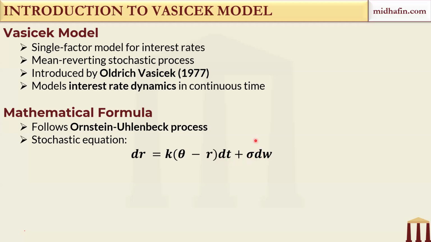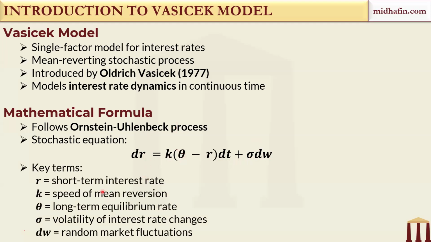So let me break this down quickly. Now r is just the current short-term interest rate. Okay, and dr is the change in the short-term interest rate. k is the speed of mean reversion, so k is how fast the interest rate is pulled back towards the long-term average.